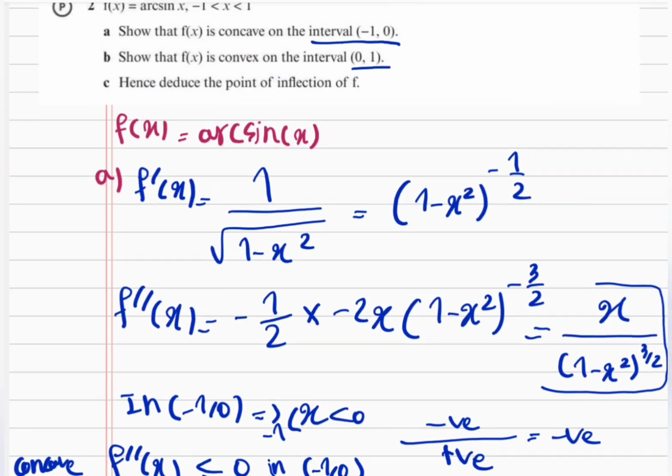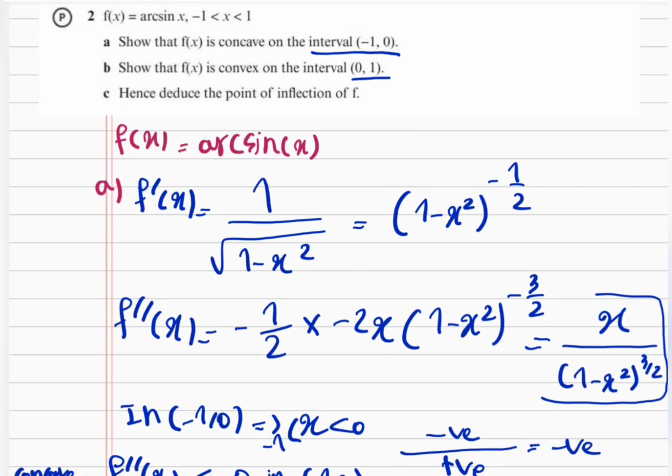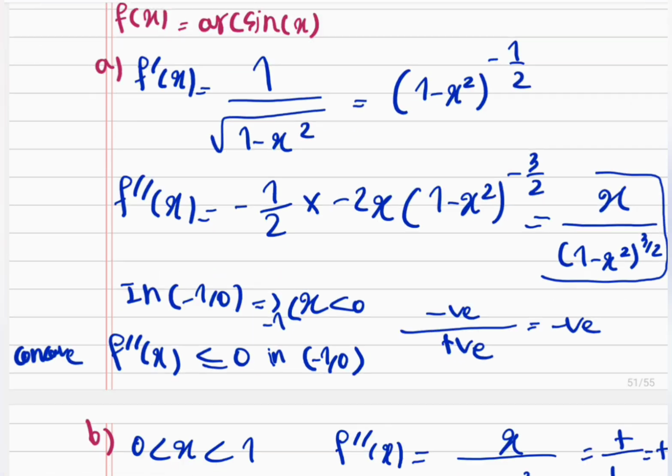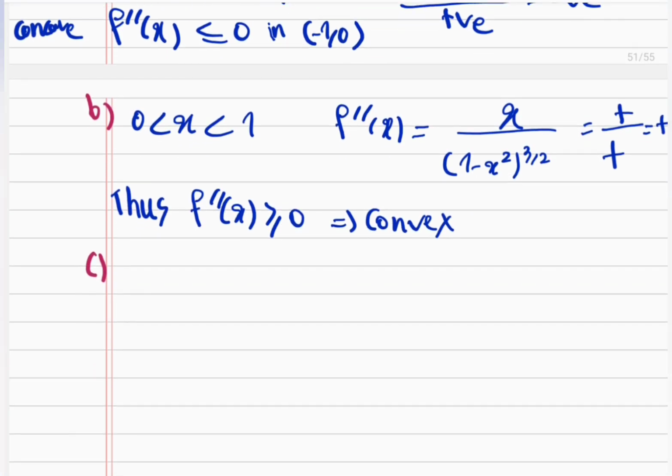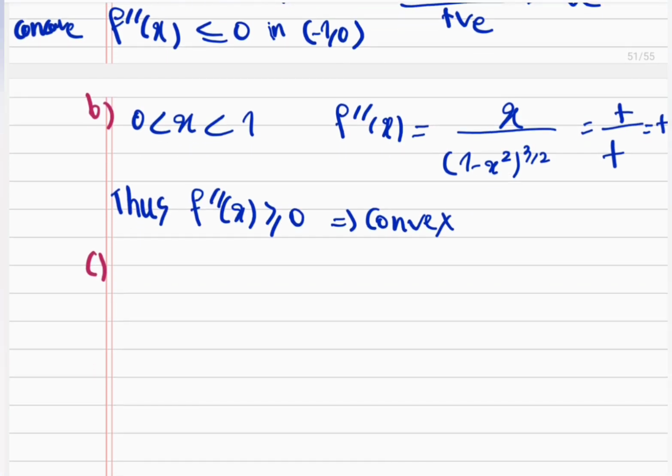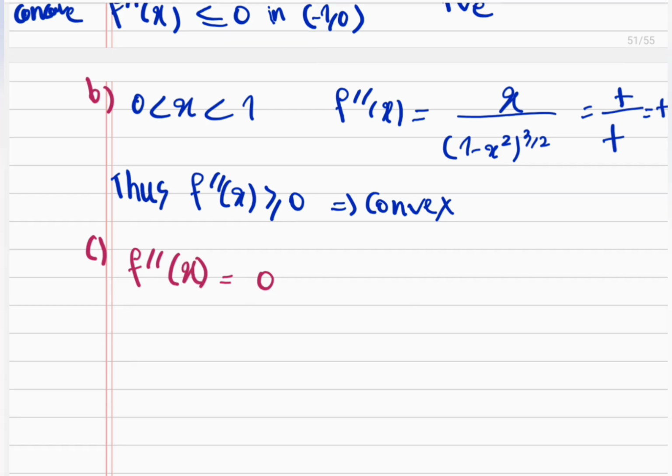Okay, now part C, which is basically finding the point of inflection of f. If you want to find the point of inflection of a function, there are two conditions that must be satisfied. The first condition is the more straightforward one: we have to solve the equation f double dash x is equal to 0.